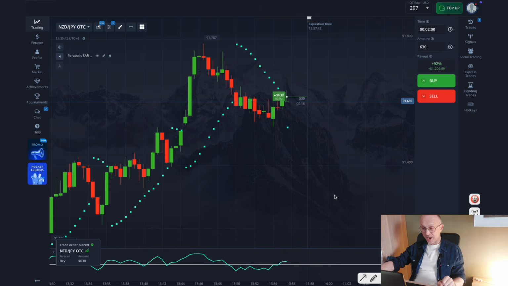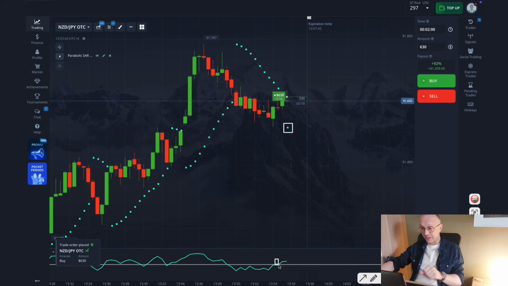Pay attention to the Parabolic SAR. The moment its points begin to form under the candles is the first hint of a change in market sentiment. Pressure from above weakens, the price stops updating lows, and a basis for a confident upward movement appears. This is not a random moment, but a signal that the structure is beginning to rebuild.